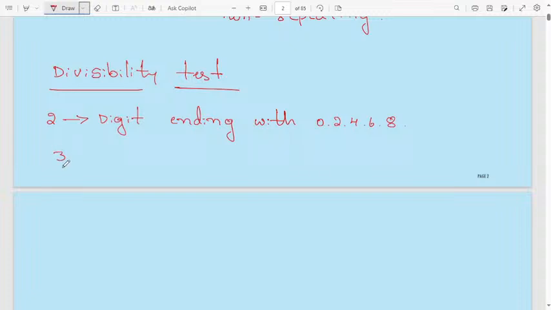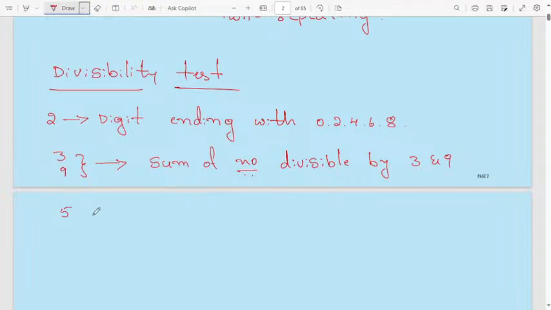Then for 3 and 9, the common rule is there. If the number is divisible by 3 and 9, the sum of all the digits will be divisible by 3 and 9.